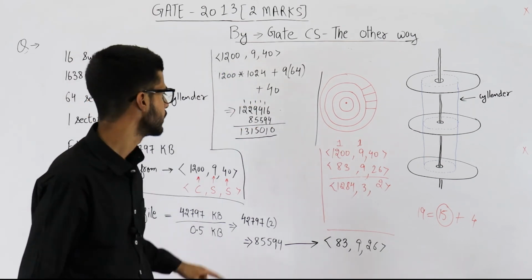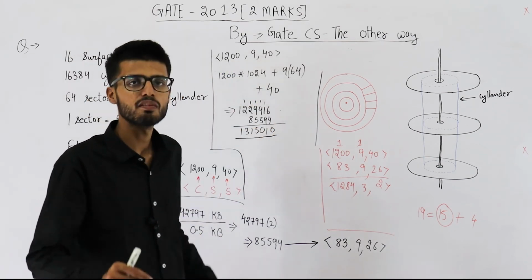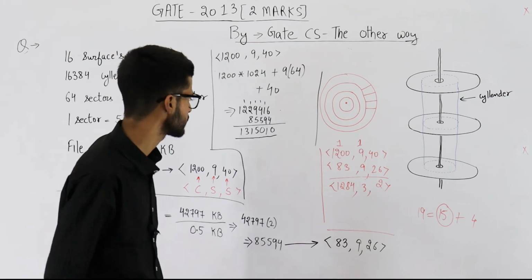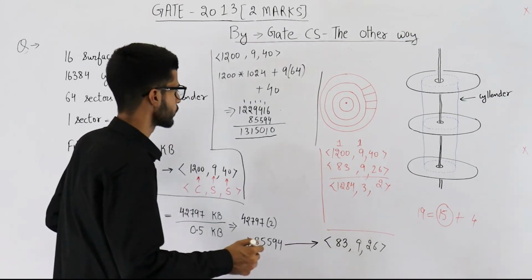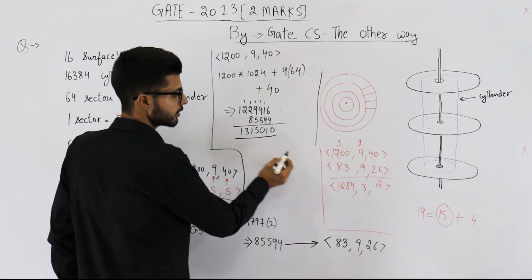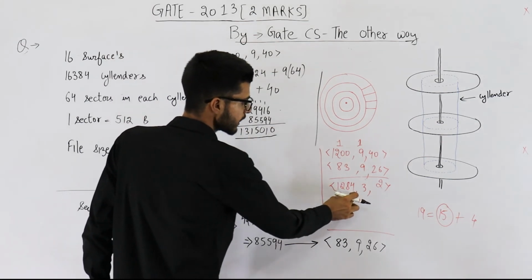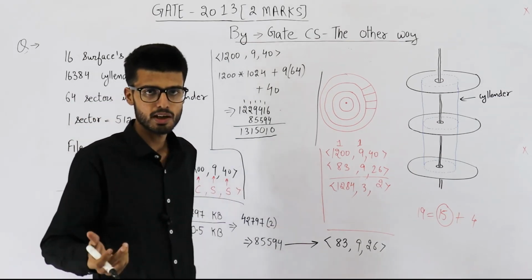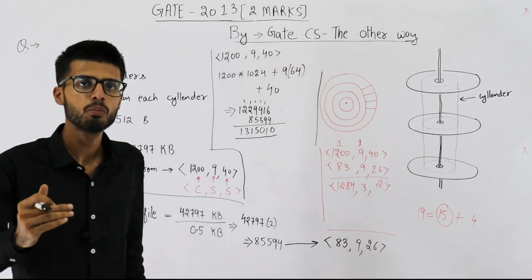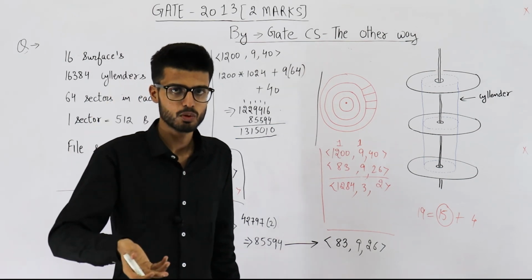How will that be done? First of all, divide it by 1024 to find out the number of cylinders. If you divide this number by 1024, you will get 1284. Then there will be some remainder to that division. That will give you how many sectors extra we had.